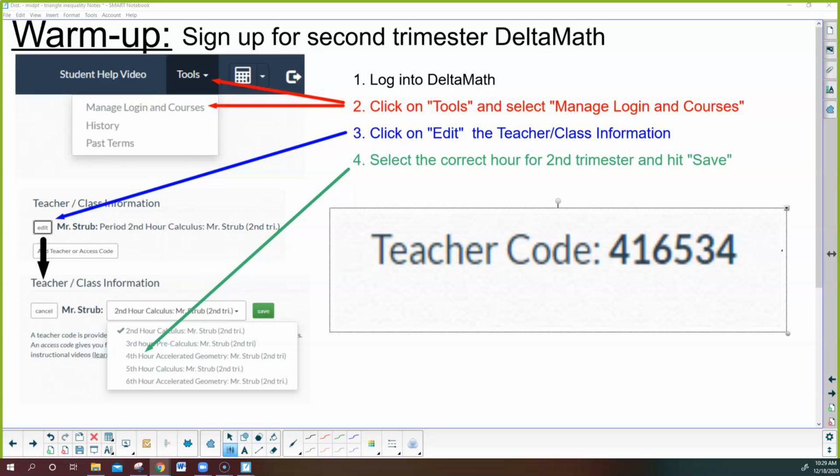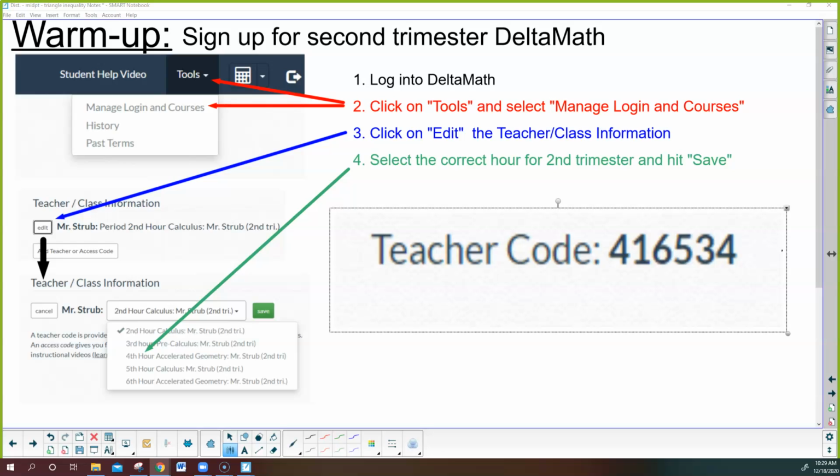Oh, I can see why there's no assignments yet. I never changed the post date. I actually posted it at the wrong time.